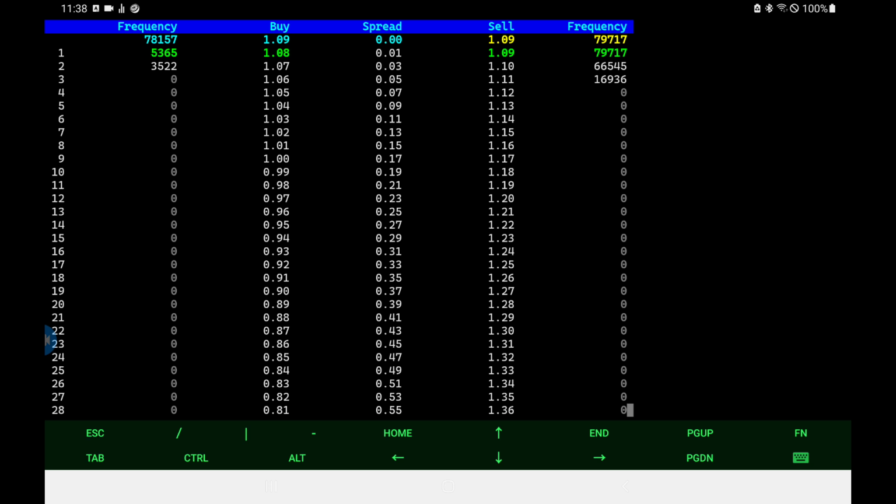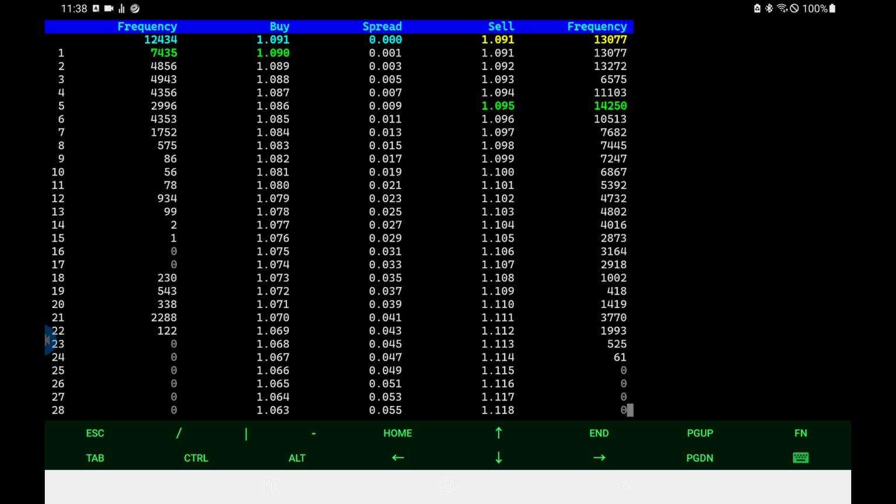Now let's go to what I normally use when I evaluate the market. 3 precision, or 3 digits after the decimal. This is where I spend most of my time looking at what the market is doing, because it gives me enough information that I can see a reasonable level of market activity. And we can see clearly the price has not been at 1.068 in roughly 2 months.